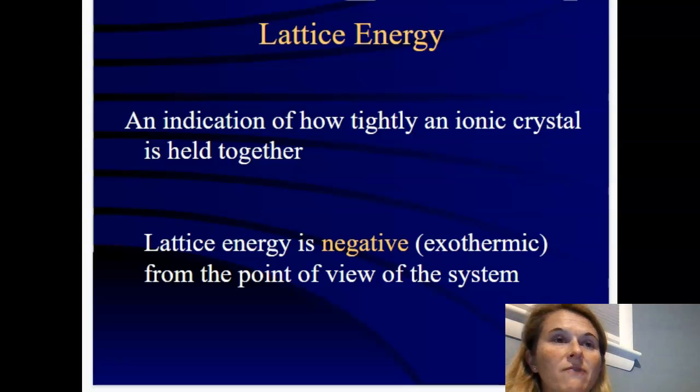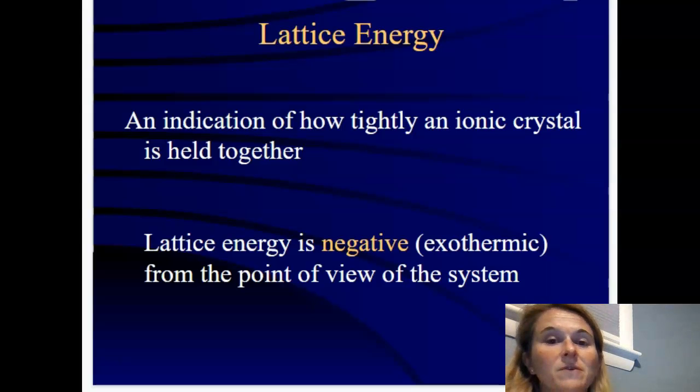So if I'm holding a reaction in my hand, I am the system. If that reaction is giving off heat, that reaction is exothermic and I am experiencing that heat. If I'm holding a melting ice cube, then that ice cube is absorbing heat from me and it is endothermic.